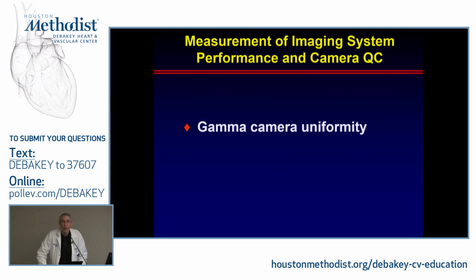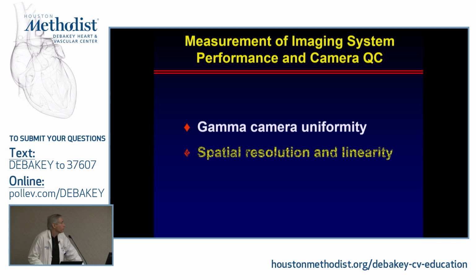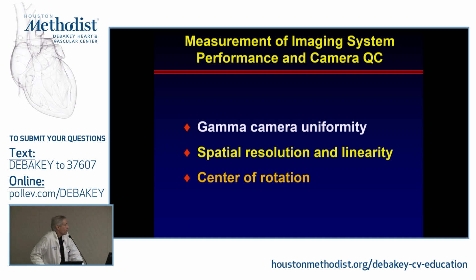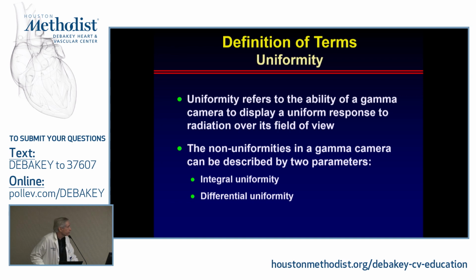So the other thing that's important in typical SPECT systems, and in fact all systems, is the issue of the uniformity of the material that's being imaged, the crystal, for instance. And there are certain things we look at. We look at gamma camera uniformity, spatial resolution, and center of rotation as quality assurance means in our daily work.